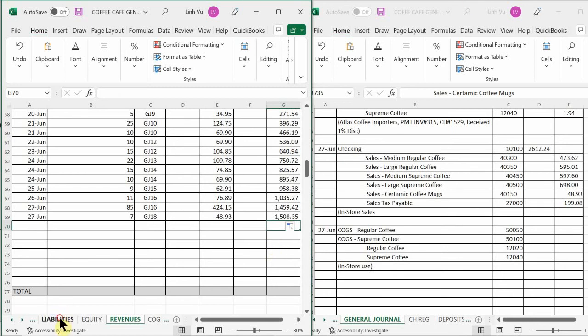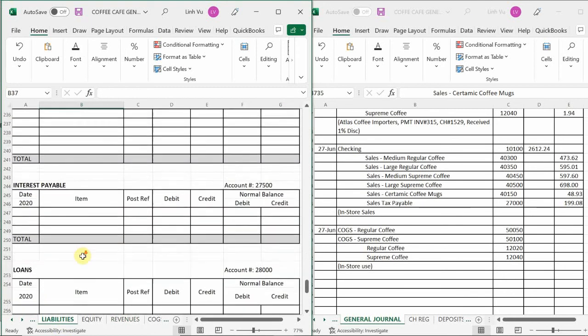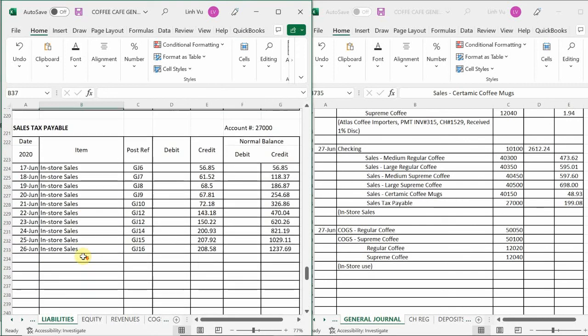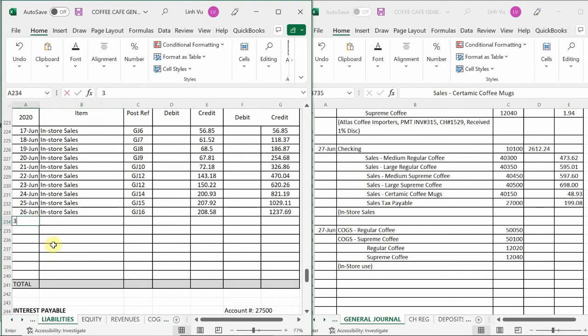And then liabilities, sales tax payable, in-store sales.